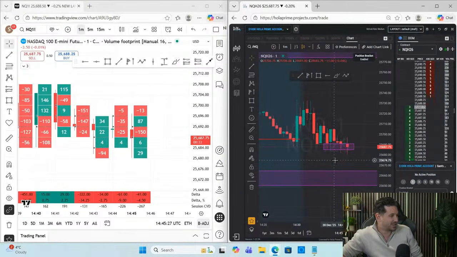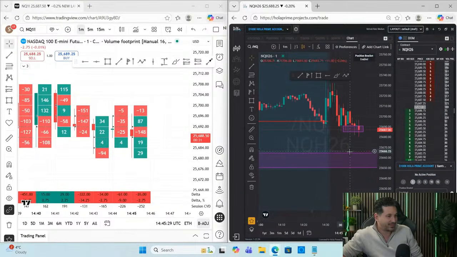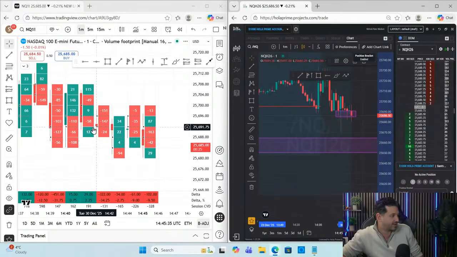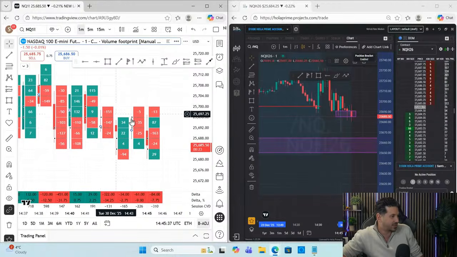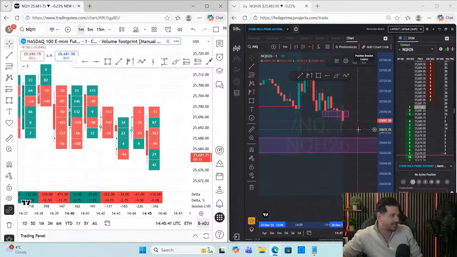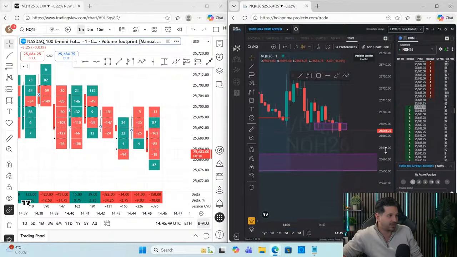Buyers and sellers are just locking horns right now, and no one's actually winning, really. I would say maybe the sellers are winning slightly, and they're far more aggressive. If you actually look at the footprint, there's far more sellers coming into the market. But the buyers are starting to struggle to hold them back, and they're not really coming in with much aggression. So I think the sellers are eventually going to overwhelm the buyers.